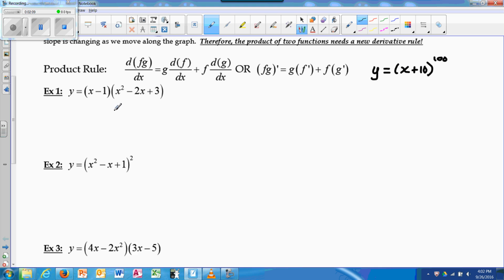So in example 1, we have choices. We can either distribute the entire thing, so we would have x cubed minus 2x squared plus 3x by distributing the x, and then a minus x squared plus 2x and minus 3 by distributing the negative 1.